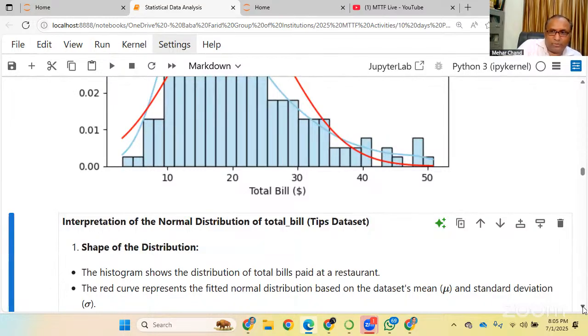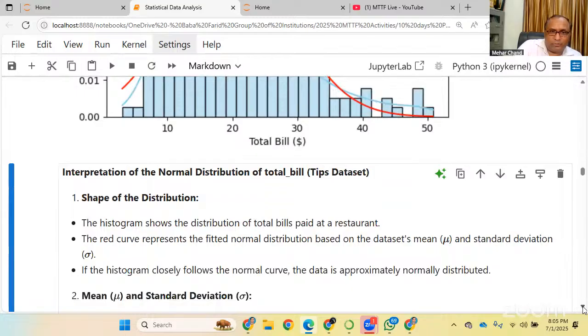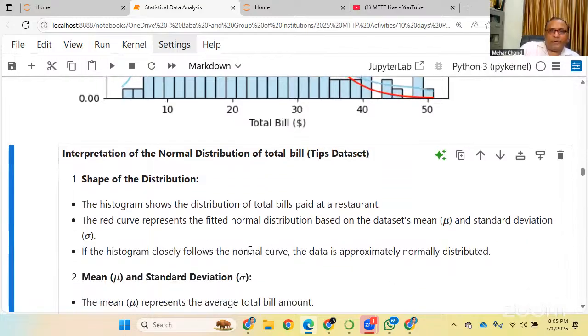Okay, so see here, shape of the distribution. The histogram shows the distribution of the total bill paid at the restaurant, and the red curve represents the fitted normal distribution based on the data set mean, mu, calculated from the data set.